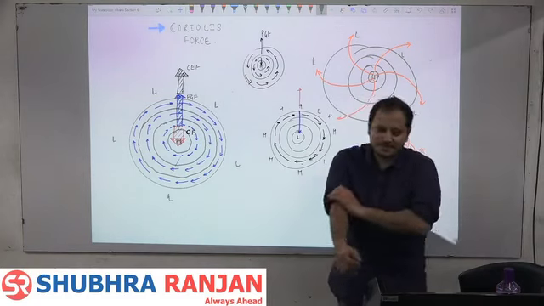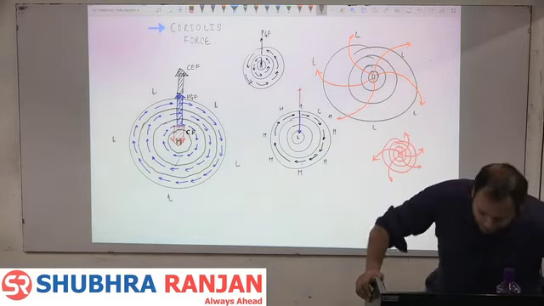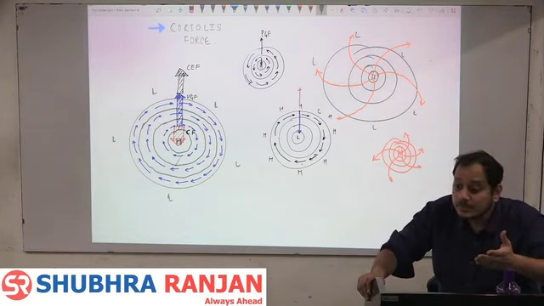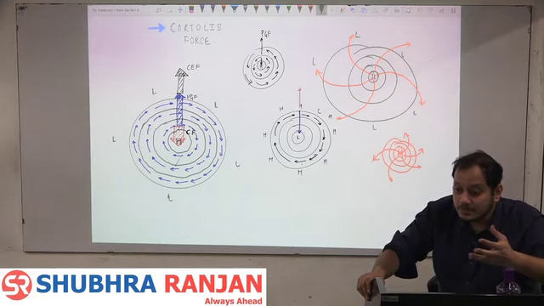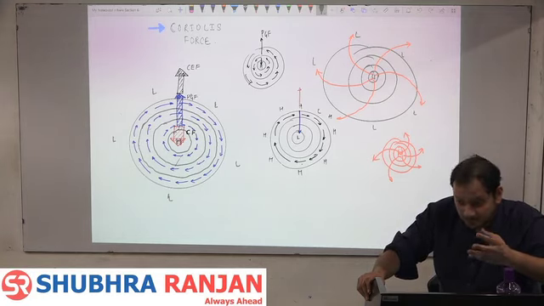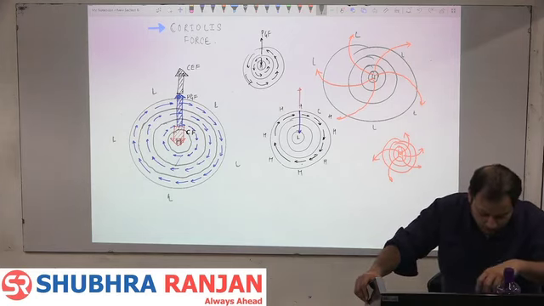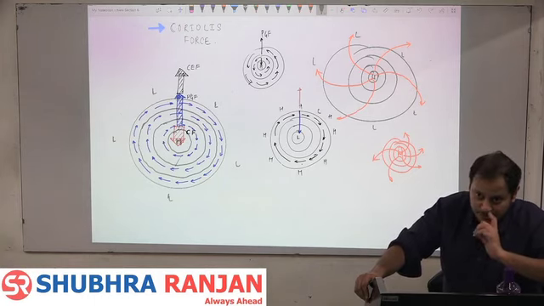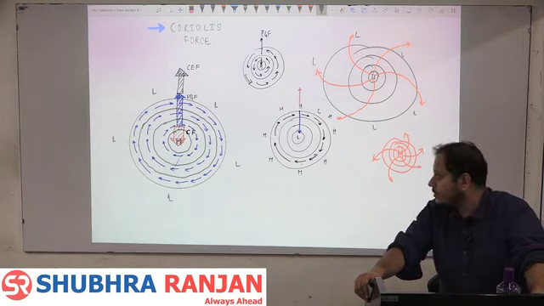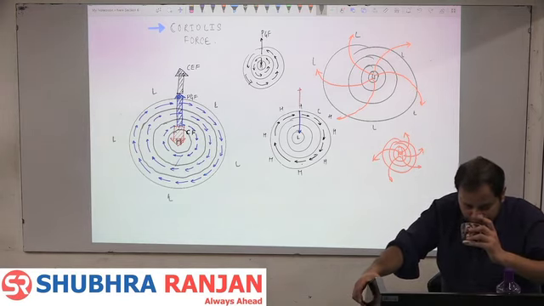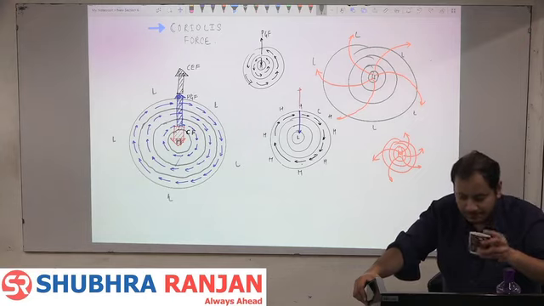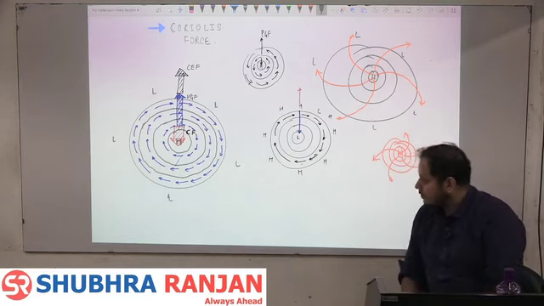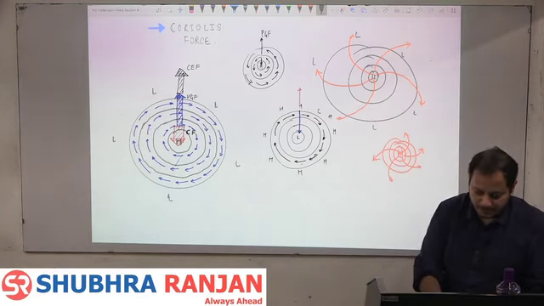Next point. Where did I stop? So next point. The pressure gradient force and the centrifugal force will balance the Coriolis force.